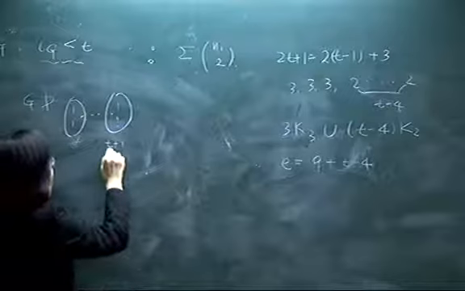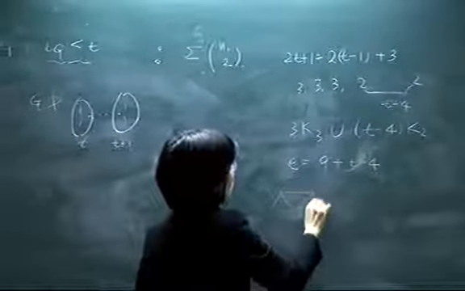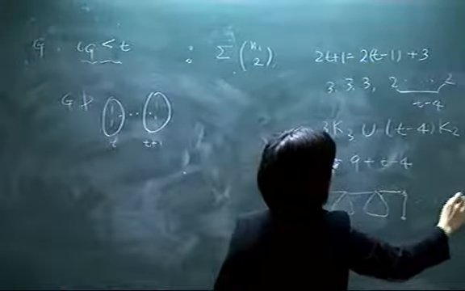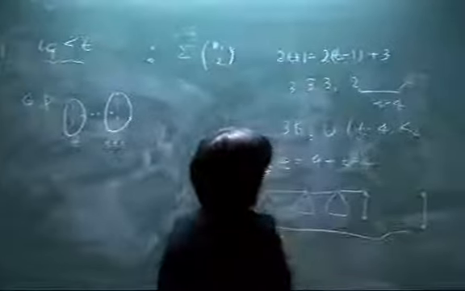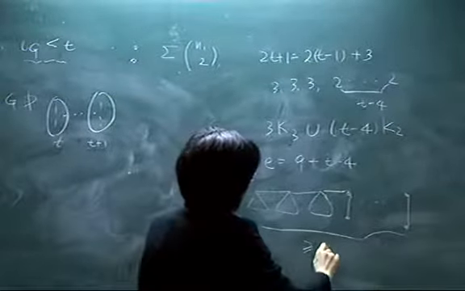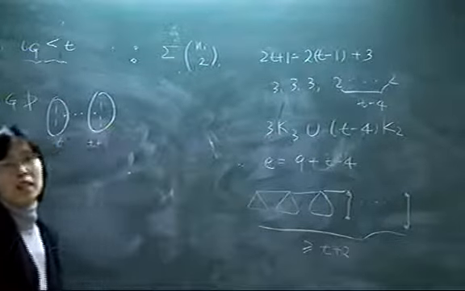And the simplest one is just to try to get joins of these components. Until I got a component of order at least T plus 2, that will be safe enough.